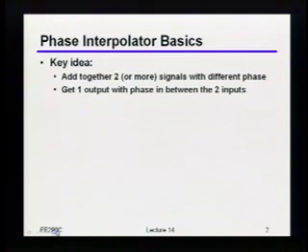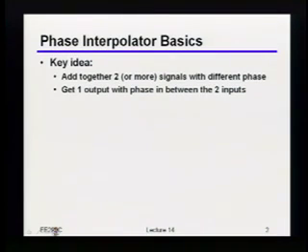Well, if I take those two clocks with different phases, and I literally just add the outputs together, so one is taking one clock with one phase, the other is taking the other clock with the other phase, and I just add the outputs of those two things together, then what I'm basically trying to do is get another output whose phase is in between the phase of the two inputs. That's why it's called a phase interpolator, because I'm trying to take two endpoints and just linearly move between them.